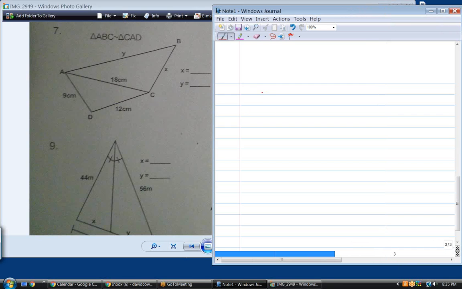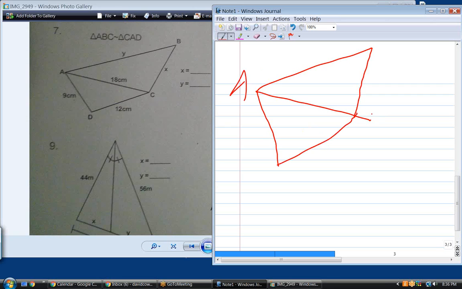And this is the difficulty with similarity, when they orient it in a weird way. In other words, it's difficult. They tell us that they're similar, but which angles? Similarity means three same angles. Which angles are equal?